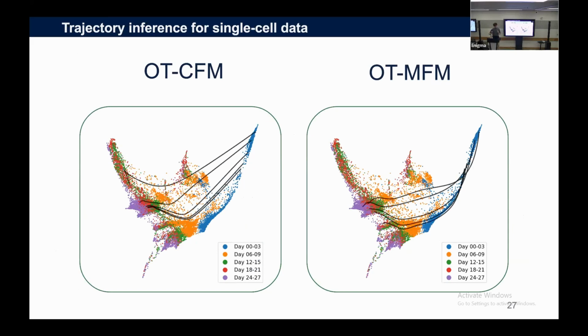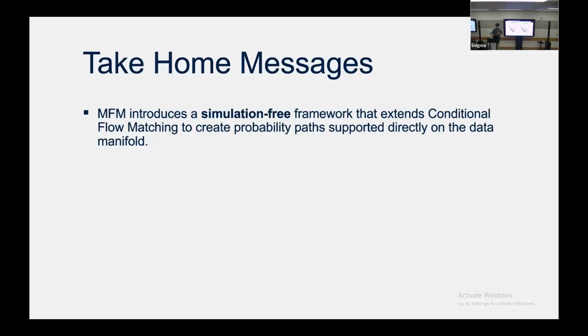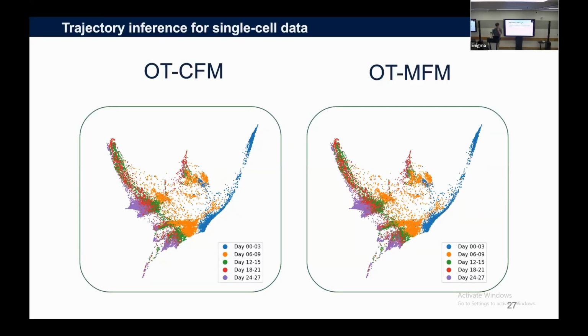Our trajectories at the very least do what we are hoping to achieve. We don't know exactly, we don't have a real ground truth here, but at the very least they are more smooth and they try to follow the manifold. Again, these are 2D projections. This is not the real manifold of the single cell embedding.